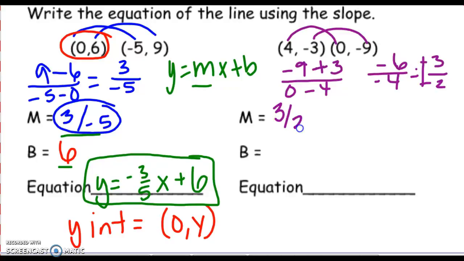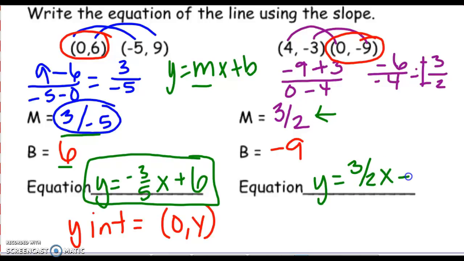My slope is now 3 over 2, and I can look to find my y-intercept, which is going to be negative 9. So my equation becomes y equals a positive 3 over 2 x minus 9, since this is a negative 9.